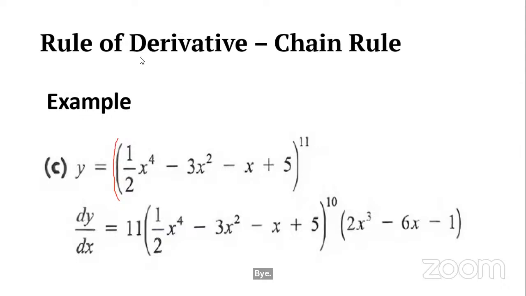And then the next step, we have the 11 open brackets half x raised to the power 4 minus 3x squared minus x plus 5, brackets close, raised to the power 10. That is for the whole thing prime, multiplying the prime of g of x, that is 2x raised to the power 3 minus 6x minus 1, brackets closed. Okay, that's nice. You have your plus 5.